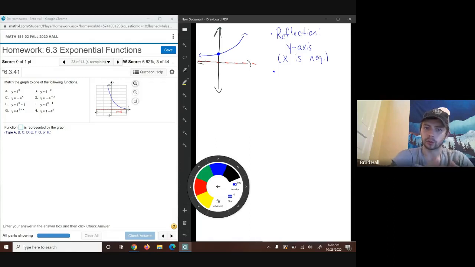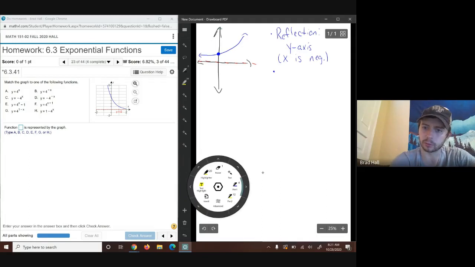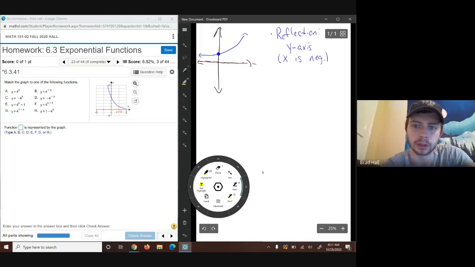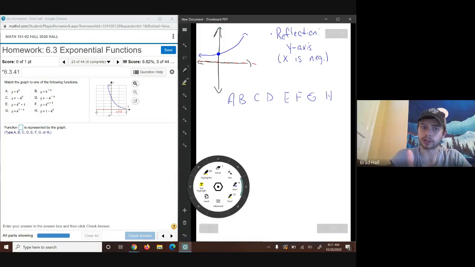It may not look like it, but there's also a shift going on here. In fact, we'll just go ahead and ignore the shift for now. We'll just use the reflection and narrow down this problem. So if we have A, B, C, D, E, F, G, H, let's get rid of these one by one. The reflection tells us the x has to be negative.